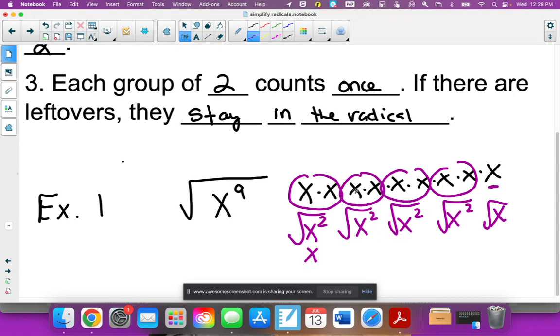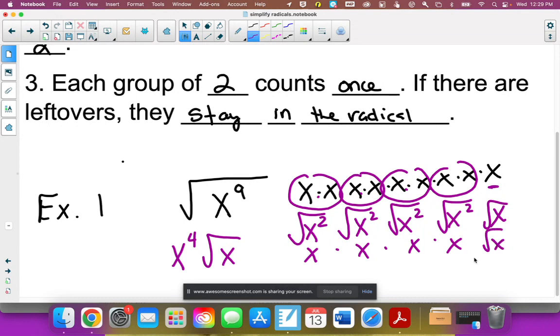So when we simplify this, I have 4 pairs and 1 left over. So I end up with 4 x's and 1 left over, because each one of those square roots, and these are all being multiplied, is basically how it works. So each pair counts once, and then anything that's left over, which means if you have an odd number exponent on your variable, you're going to have a leftover, and it just stays inside the root.